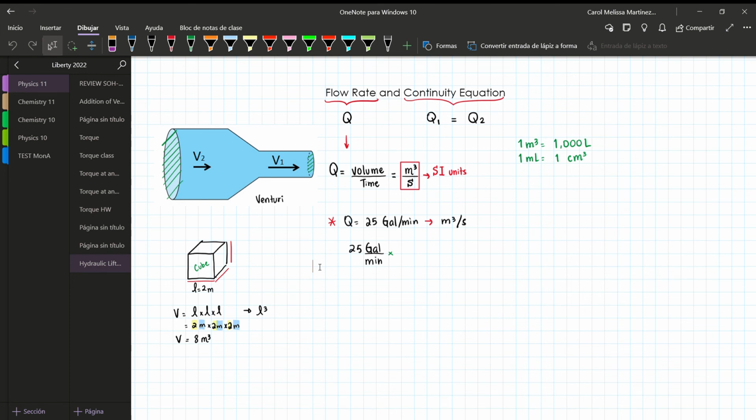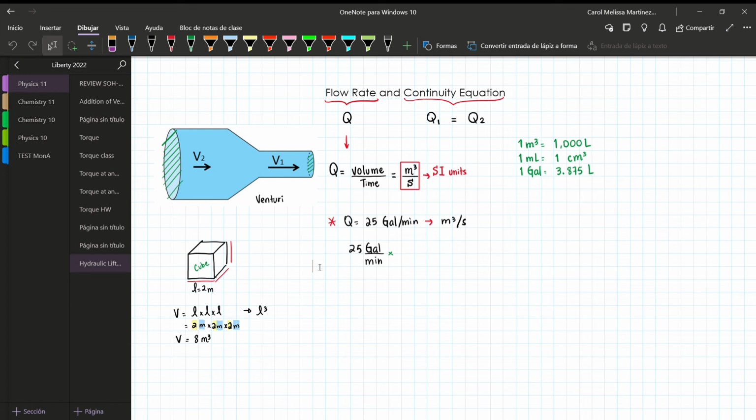What other unit do we have? Let's see. Gallons. 1 gallon is equal to 3.875 liters. What else do we need?